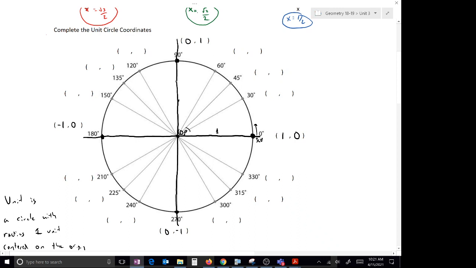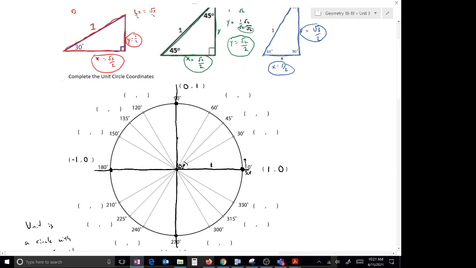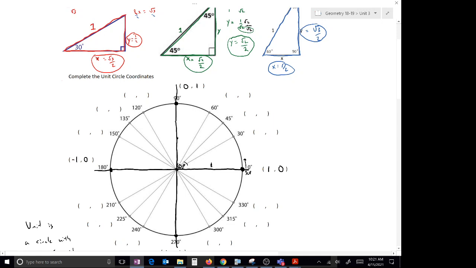Okay, we're mostly going to focus on the first quadrant because everything else is really just a mirror of that first quadrant. So if I take that red triangle that we drew and superimpose it on my circle here, you can see my radius of 1 is going to fit right at the edge there.